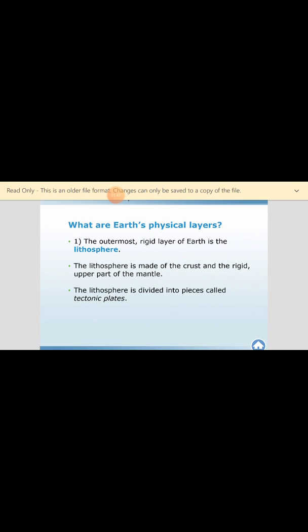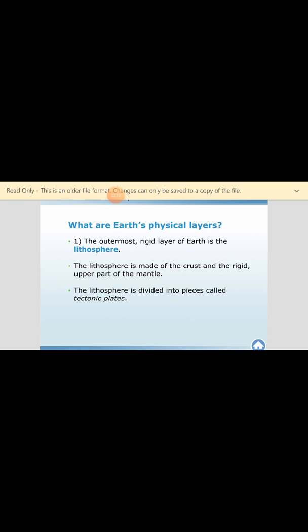Now the outermost rigid layer, it's rigid for sure, that's why it holds us on the land, and also it holds the water in the ocean above it. This outermost rigid layer of earth is the lithosphere. The lithosphere is made of the crust and the rigid upper part of the mantle.